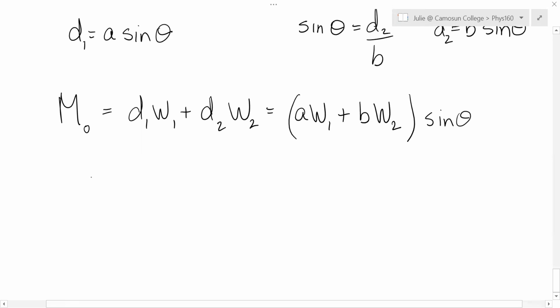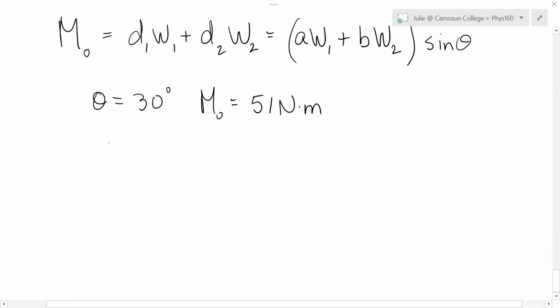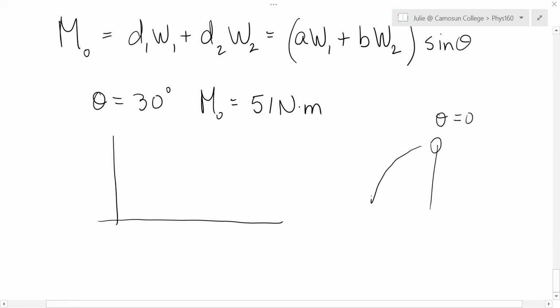So they do the calculations here, and if theta is 30 degrees, you get this torque about your shoulder as being 51 Newton meters. And you can put any angle you want there, and so you could get what the torque is for the full range of motion from theta. So straight over your head, theta is 0, and then go all the way down until you've lowered that weight, so it's sitting beside your hips now, and this would be theta equals 90 degrees.